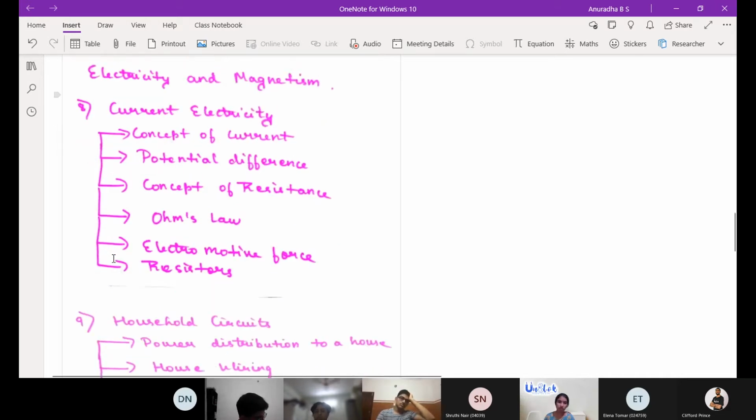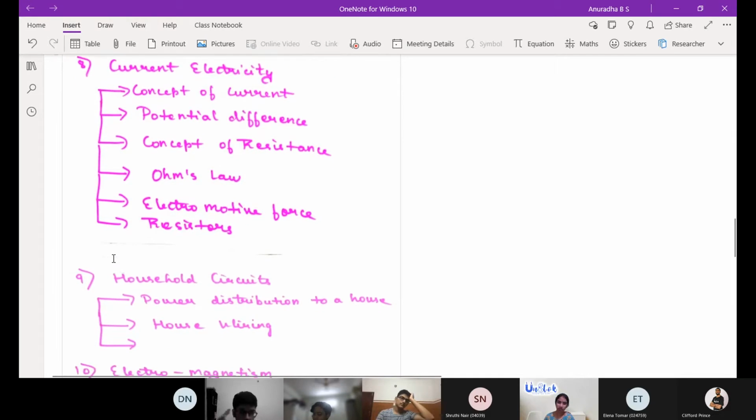And electromotive force. So what is electromotive force? Do you guys know? We haven't learned this. Okay, so electromotive force is nothing but it sees to it that there is a continuous flow of charges. You don't have to know it now.